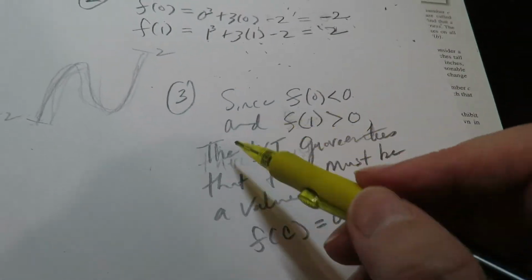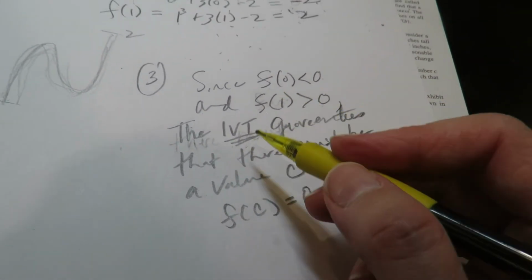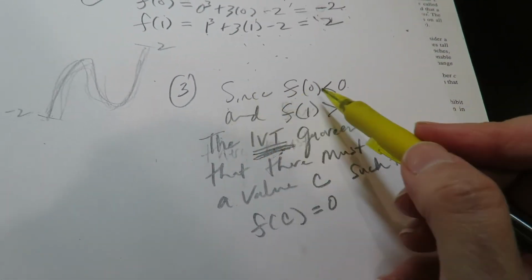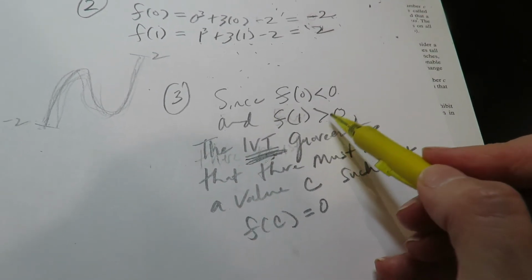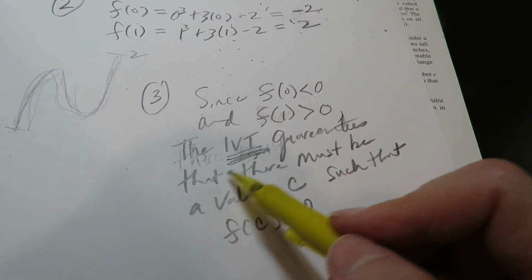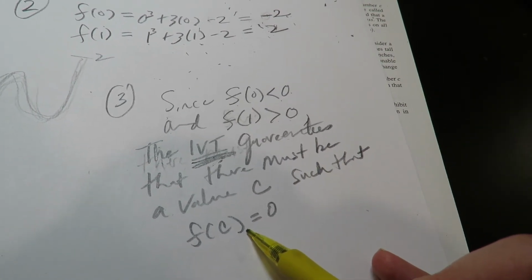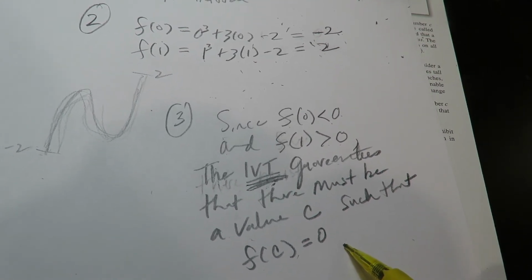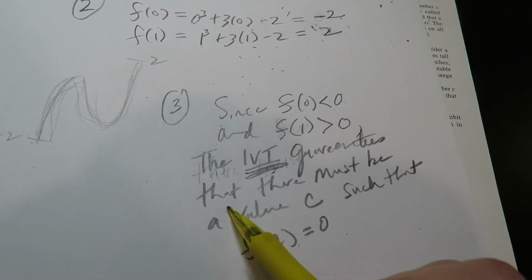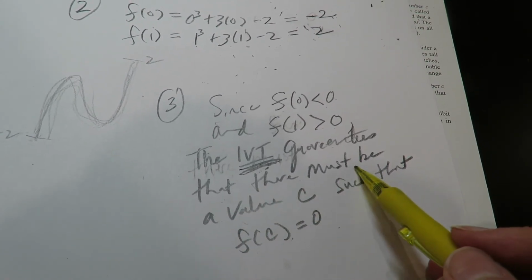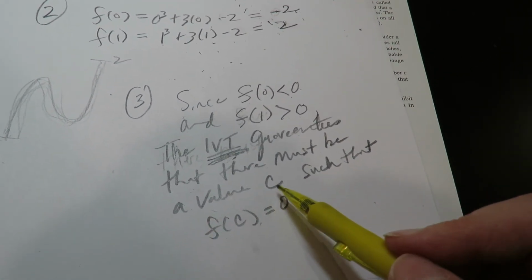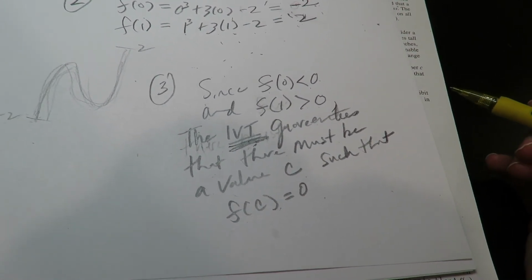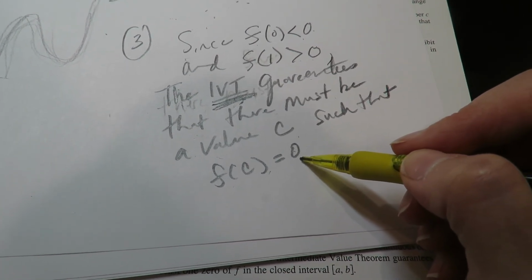Let me say that one more time, but the key thing I'm looking for, I don't care how fancy you write this, is the intermediate value theorem in the third part. So since I'm below what I'm looking for and above what I'm looking for, the intermediate value theorem guarantees that I must have what I'm looking for. There must be a value c such that f of c equals 0. And you could be even fancier, which is more exact, to say there must be at least one value of c such that f of c equals 0, because you could have many places where this is true.